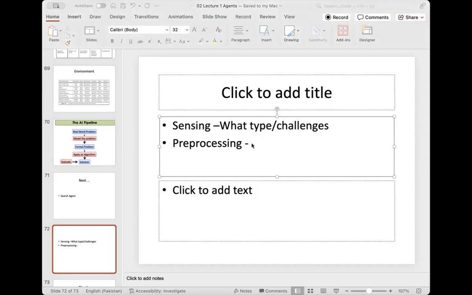In other words, you will require some sort of refinement of the information that you are getting from the sensors in order for it to make sense, and that comes under pre-processing.